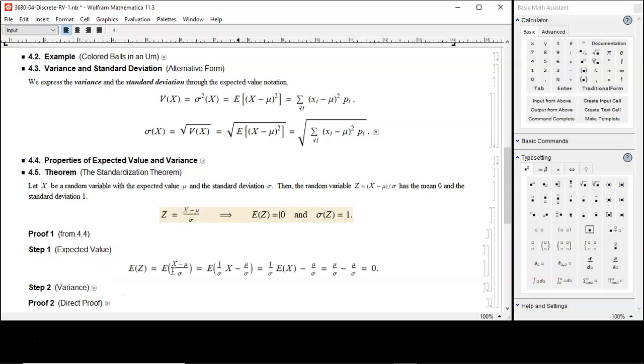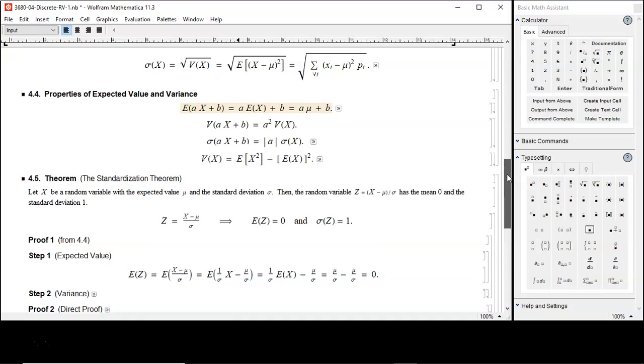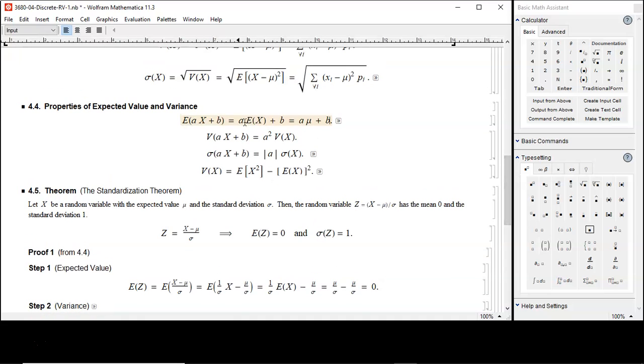So expected value is nothing more than, okay, I can manipulate 1 over sigma x minus mu over sigma. And then here, I can use this property here. So A expected value plus B like this.